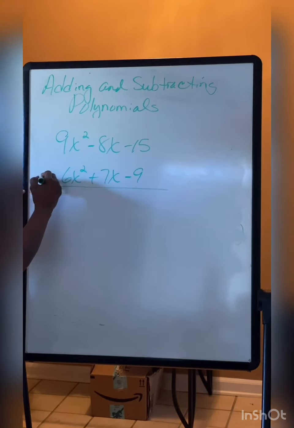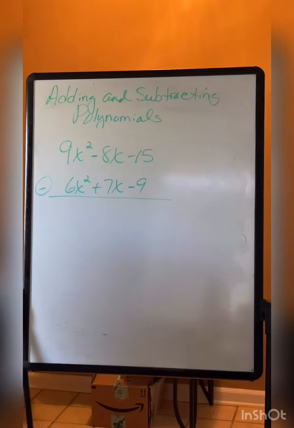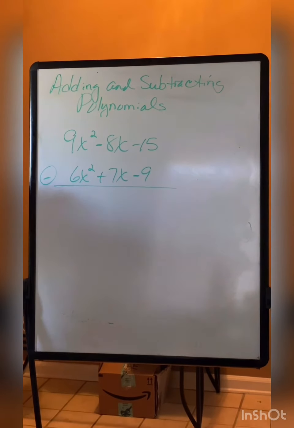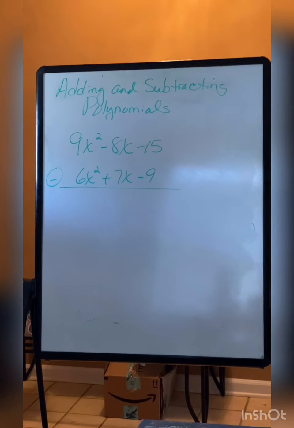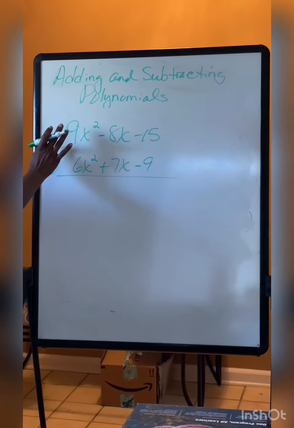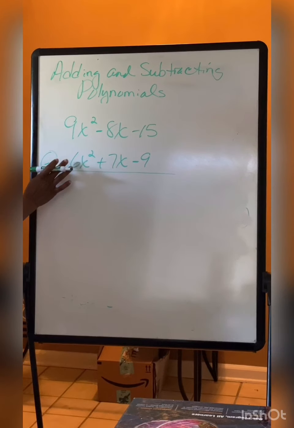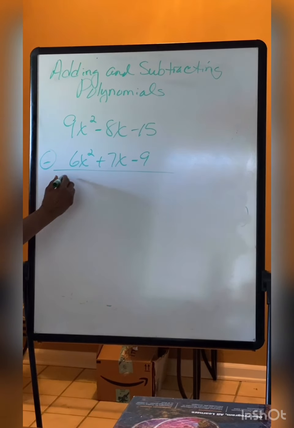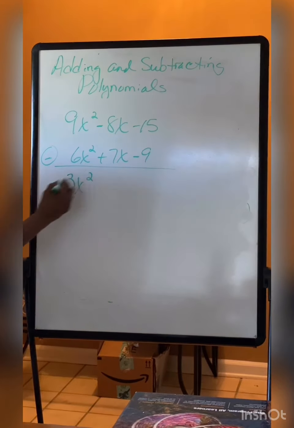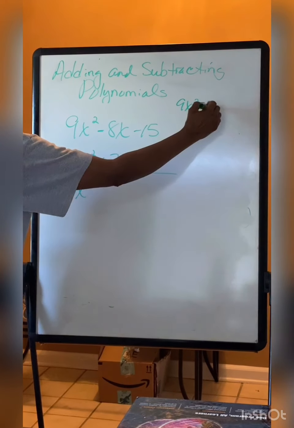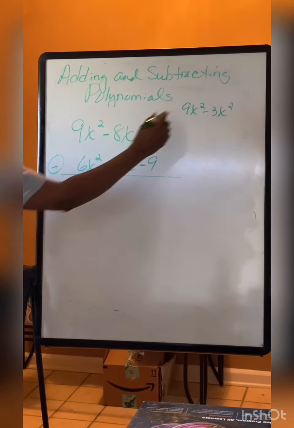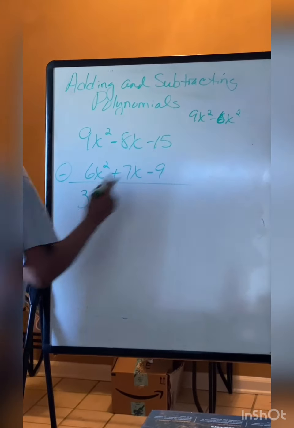And I want to subtract, okay? I'm subtracting this. So I'm going to speak it as I subtract, and then I'll come back and show you how you can change the signs. 9x squared minus 6x squared gives me 3x squared. This is what I just did: 9x squared minus 6x squared.